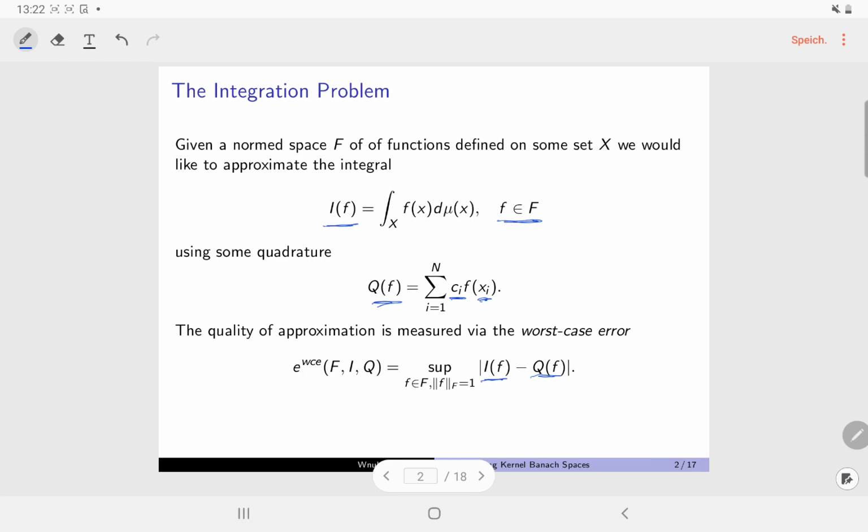For future reference, we will always be considering integrals over set X with respect to measure mu. And the space capital F, so the space from which our input comes, will be referred to as the input space.